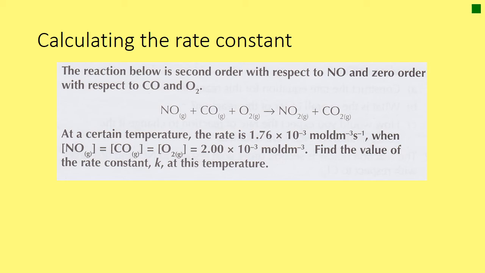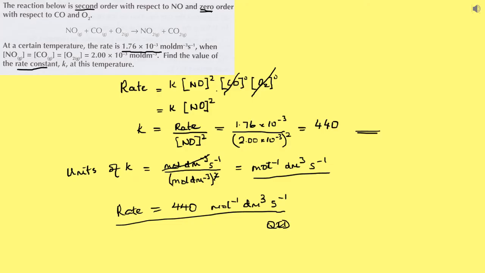So let's work through this question here. First thing we want to do is write down the rate equation. So the rate is going to be equal to the rate constant times the concentration of the reactants to certain powers. So let's write the first reactant down, nitrogen monoxide, and we're told that it's second order with respect to nitrogen monoxide, so we'll put a little 2 in here.